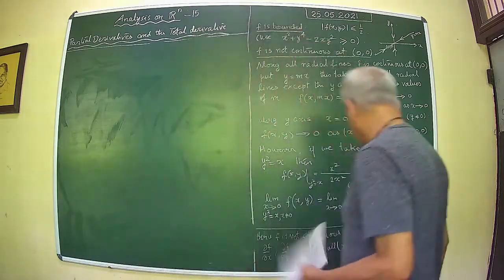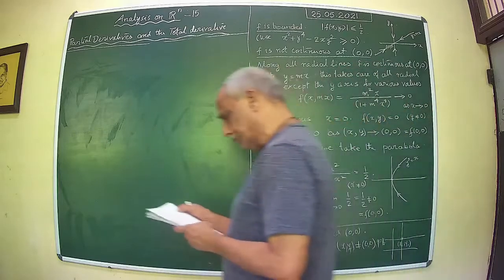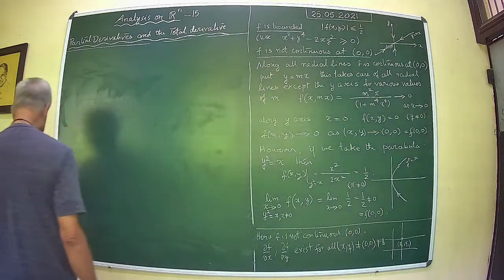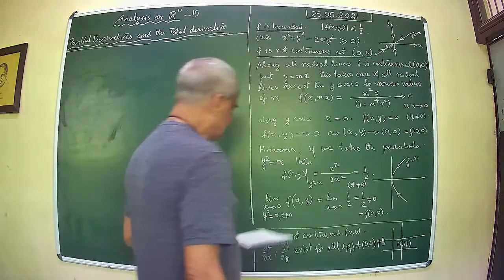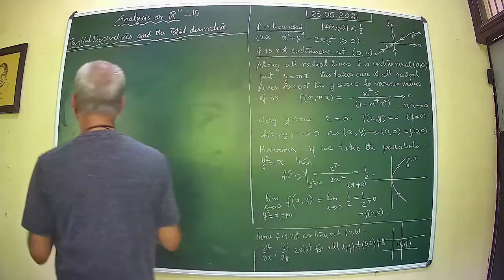So at 0, 0 we will examine this. We will do one derivative and the other one is simple. If you look at the function that you have, it is this.